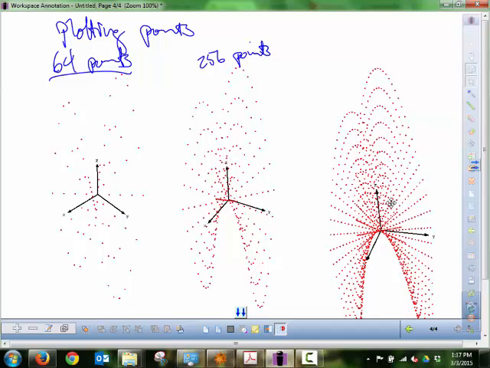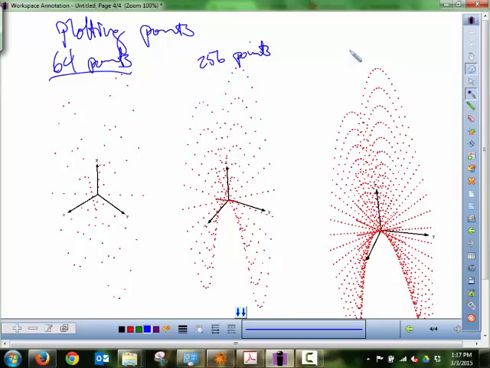From 256, I added another 256 dots, maybe 512. So imagine going from really sparse to a little bit dense to something that's pretty dense. You can kind of see the picture of how this graph should look.